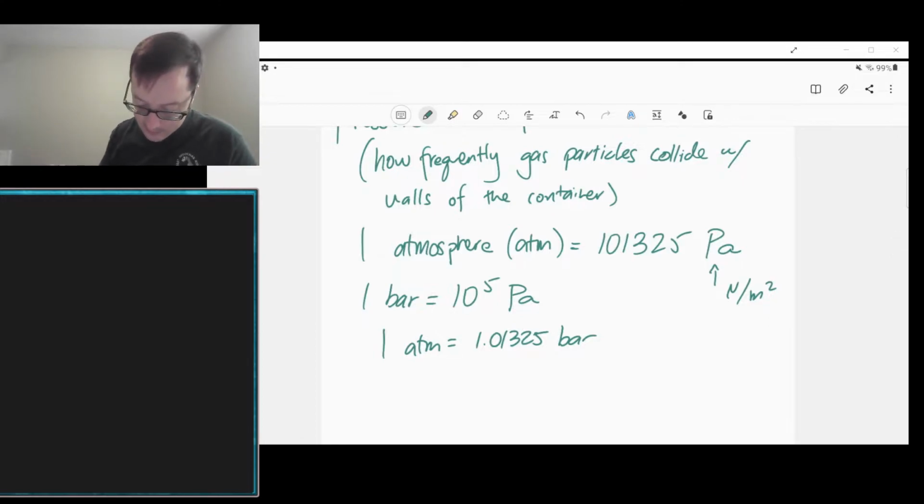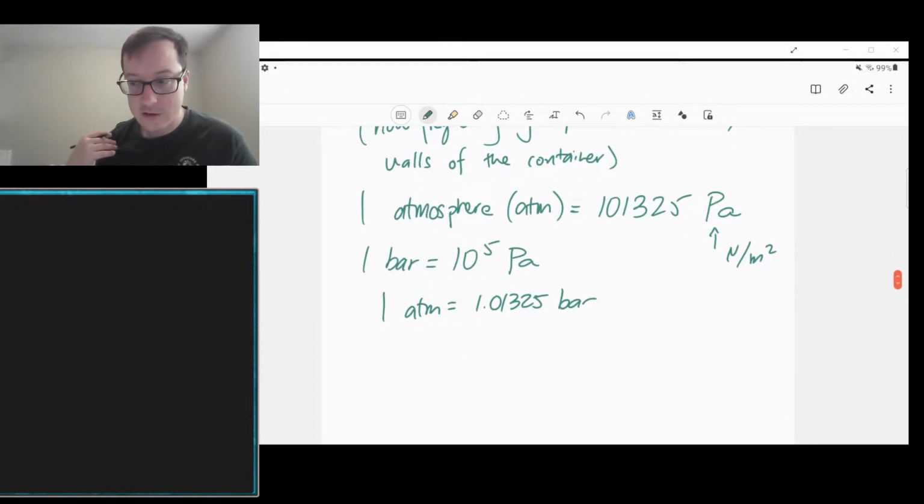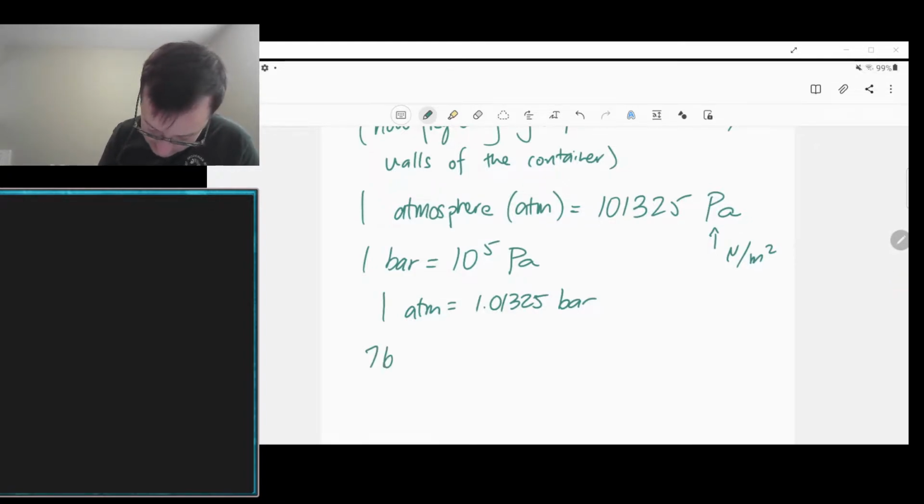We have another unit, one that is more physically derived. We have the millimeters of mercury, and that's one atmosphere. This is millimeters of mercury.